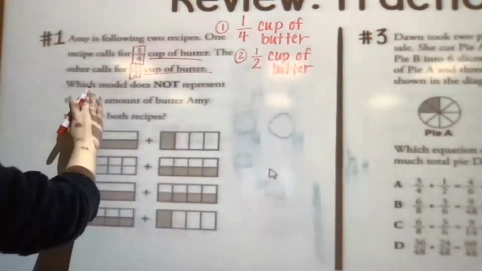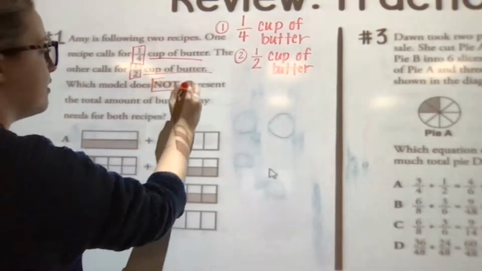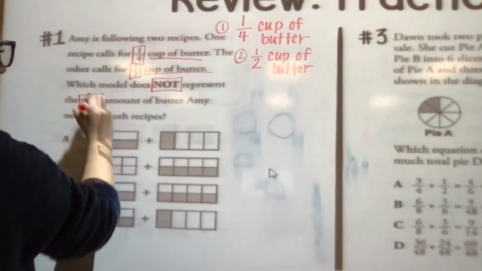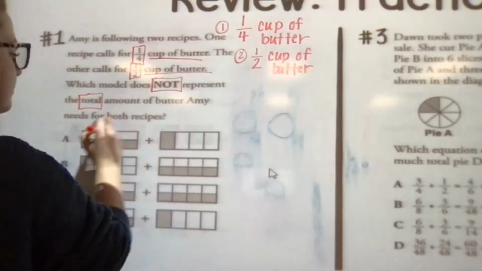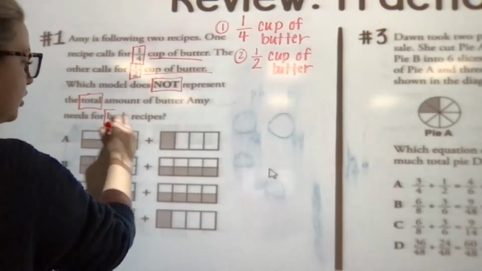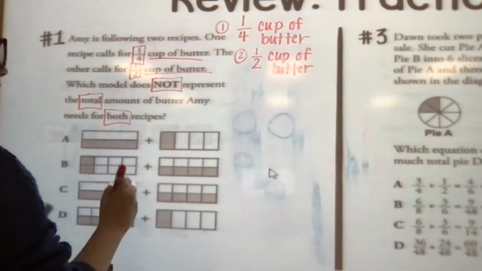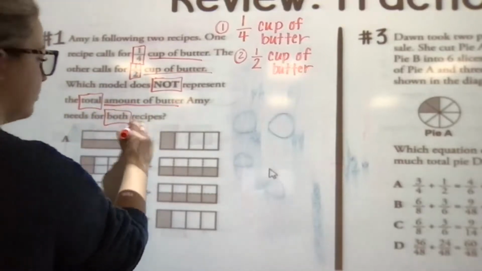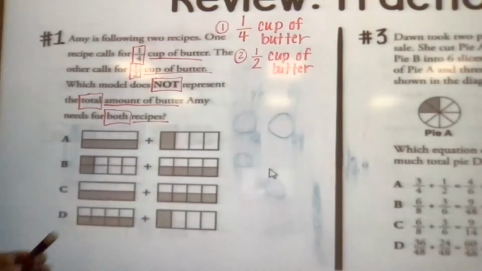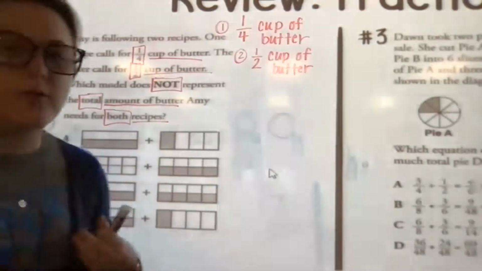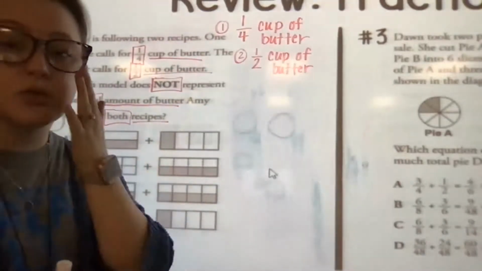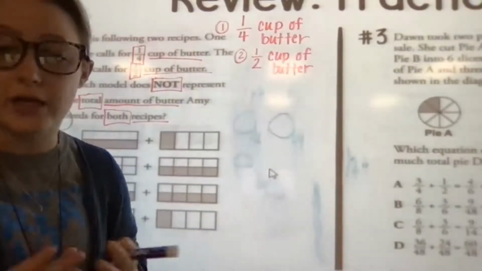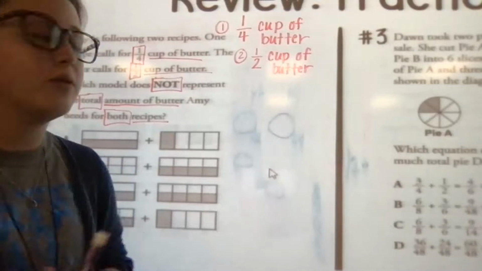All right, which model does not represent the total amount of butter that Amy needs for both recipes? So we're looking for the total amount of butter that Amy needs for both recipes. Before we start even looking at our answer choices, we need to work through finding the total for both of these fractions. Like I told you, it is an addition problem for the fractions.